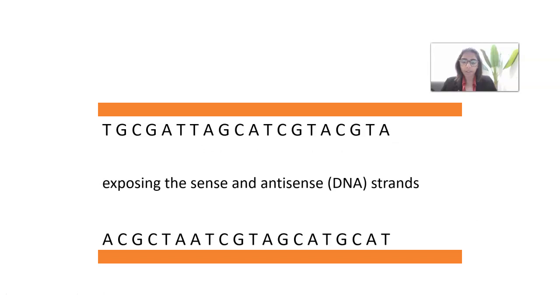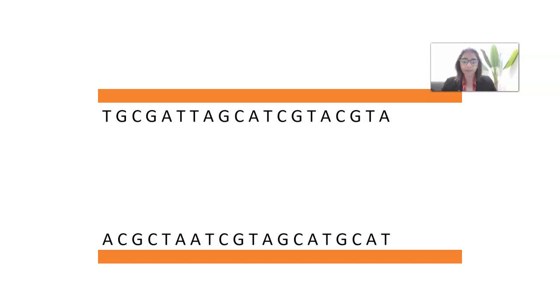When that happens, the sense and antisense DNA strands are exposed. So the sense strand is the one that we copy, the antisense strand is the one that goes in the anti-parallel 3 to 5' direction.